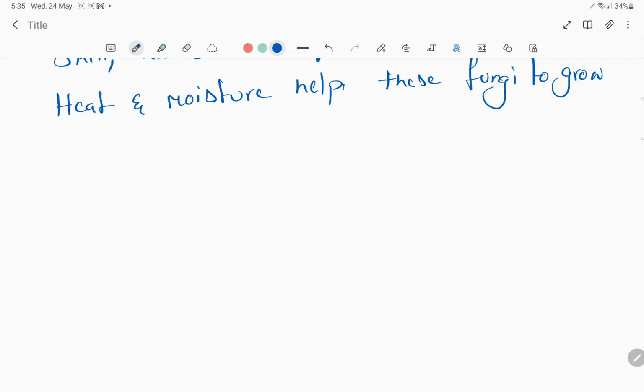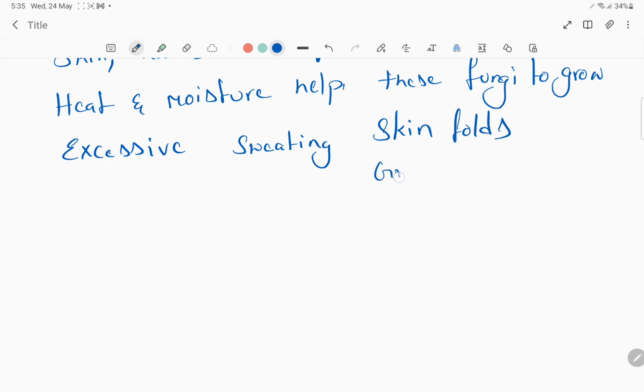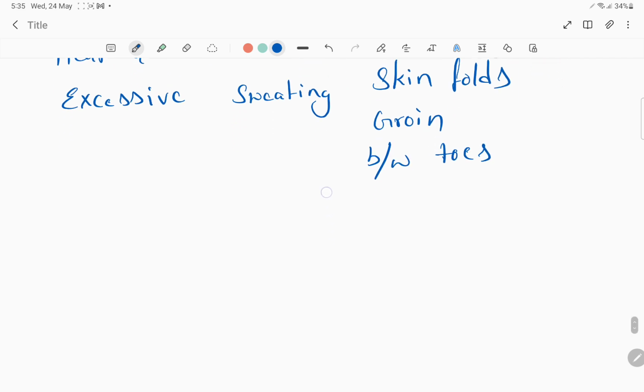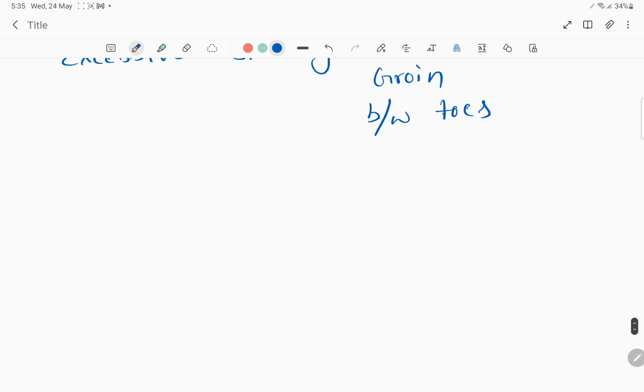Regions in the body where there is excessive sweating, such as skin folds, groin, and between the toes, are the places where there is more growth of fungi.